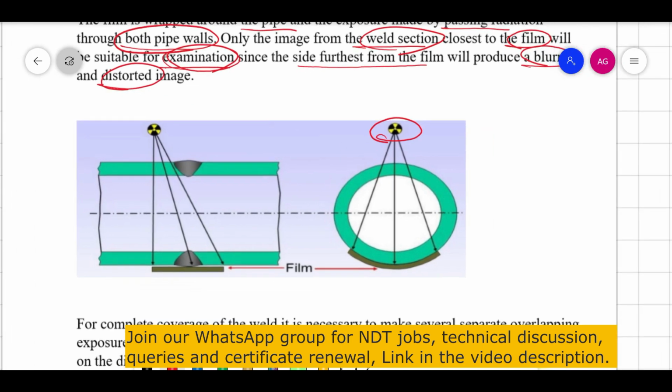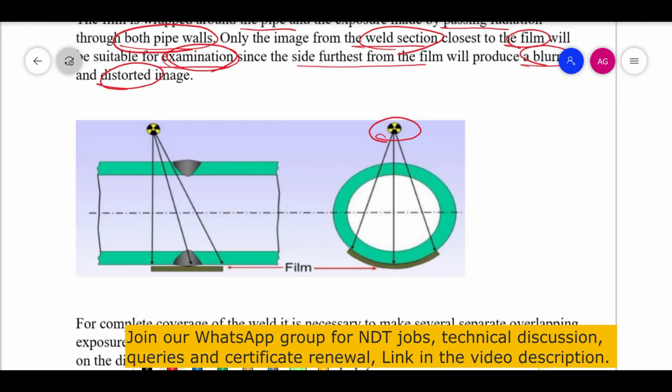In this case you can see the source is here, and here is the weld which you have to examine. This weld is suitable for examination, this weld is not. This weld's image is also there in the film, but it is a distorted image, and a distorted image is not useful for examination.